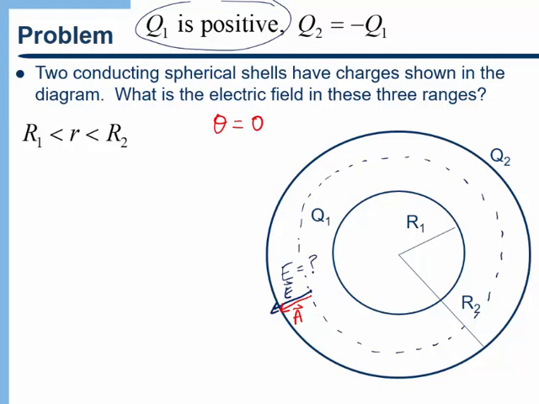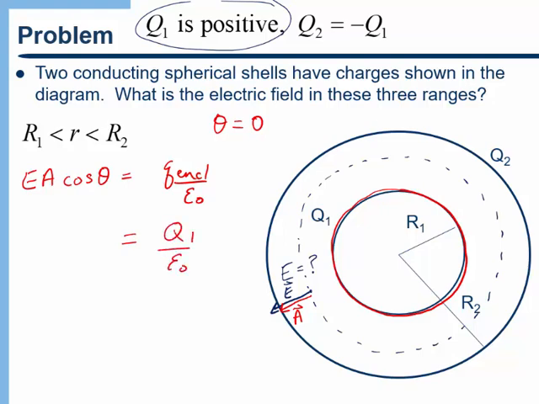Again, because I found a surface that the electric field is constant over, I'm just going to jump right to EA cosine theta is charge enclosed over epsilon naught. Well, the charge enclosed is just the charge on this inner physical surface, which is Q1. So I'll do Q1 over epsilon naught. And I know the electric field is what I'm trying to find.